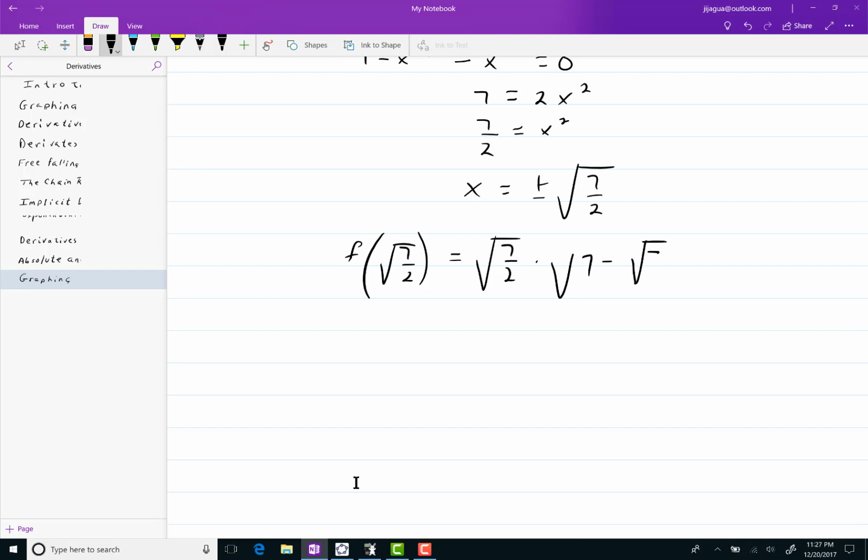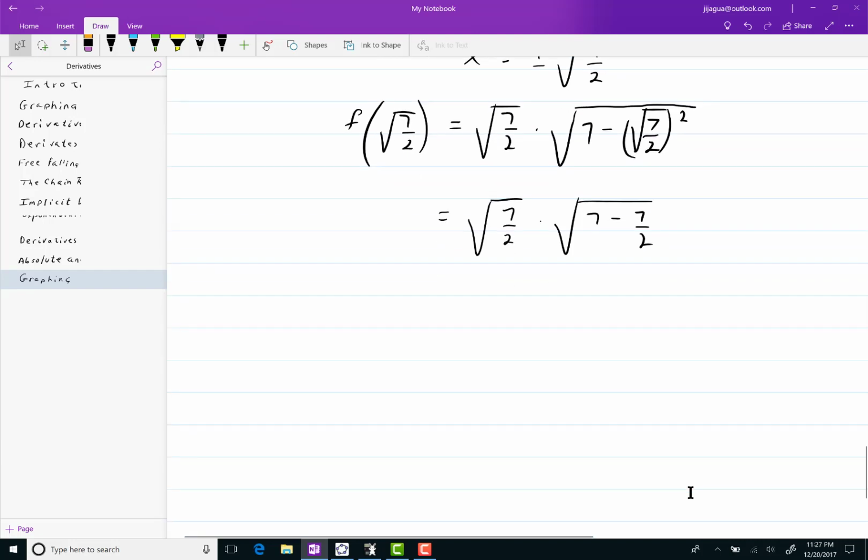So I have radical 7 halves times the square root of 7 minus radical 7 halves, and the square root of 7 halves is squared. So that gives me the square root of 7 halves times the square root of 7 minus 7 halves. And so that gives me the square root of 7 halves times the square root of 7 halves. Well, that doesn't happen very often. So you'll get 7 halves.